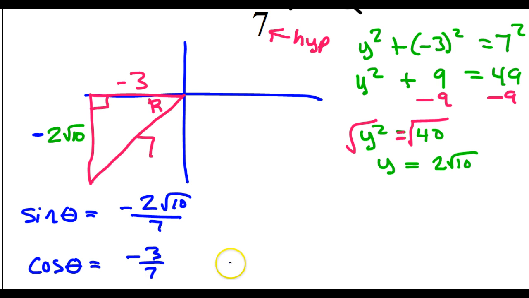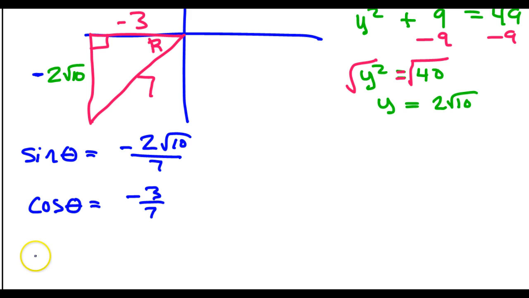Of course, that's the one they gave us in the first place. Tangent is opposite over adjacent. A negative divided by a negative is a positive. So that's going to be simply 2 radical 10 over 3 without the negatives.